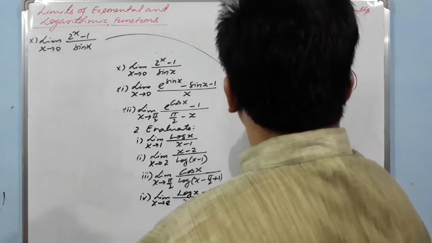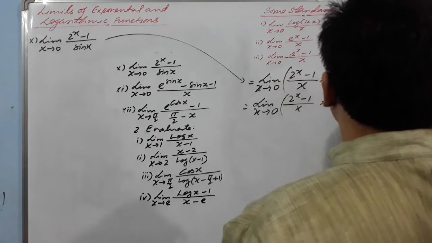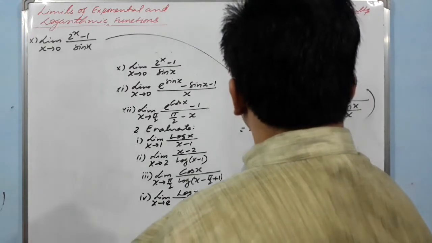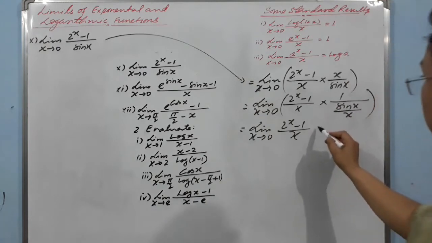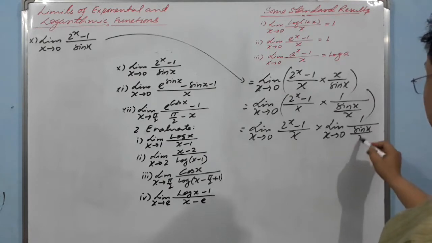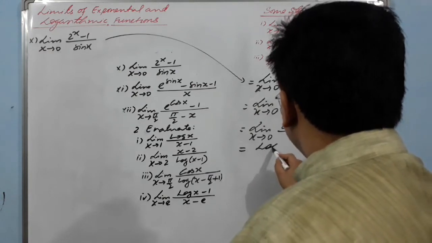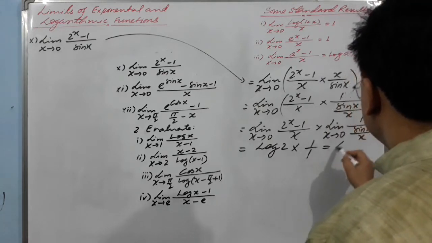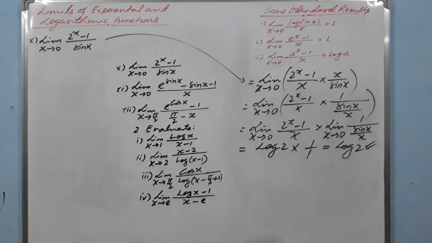It is equal to the limit as x tends to 0 of 2 raised to power x minus 1 over x, into 1 upon sine x divided by x. That is the limit as x tends to 0 of 2 raised to power x minus 1 over x, into the limit as x tends to 0 of 1 upon sine x upon x. So this is equal to log 2 to the base e, and this is 1 upon 1, so it is equal to log 2. This is the limit of this function.